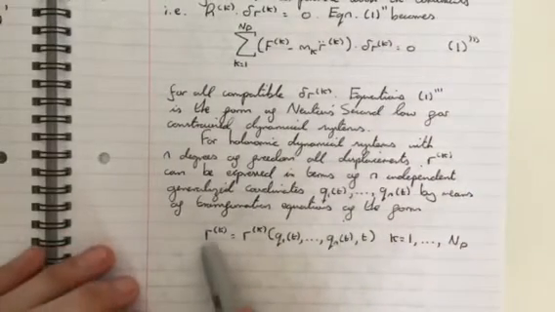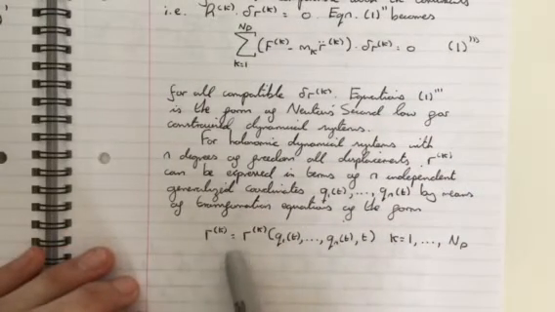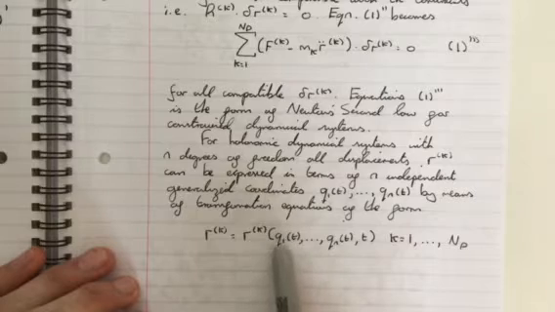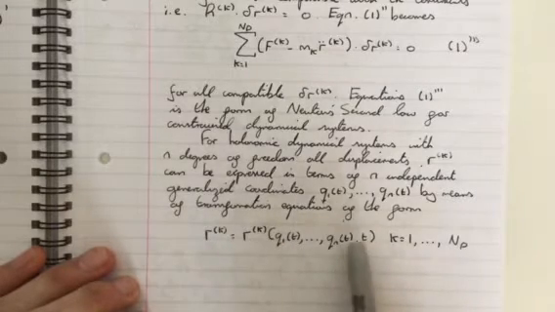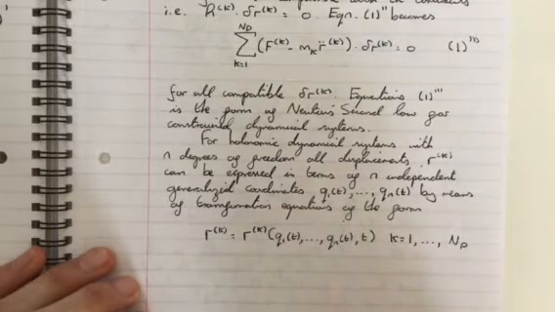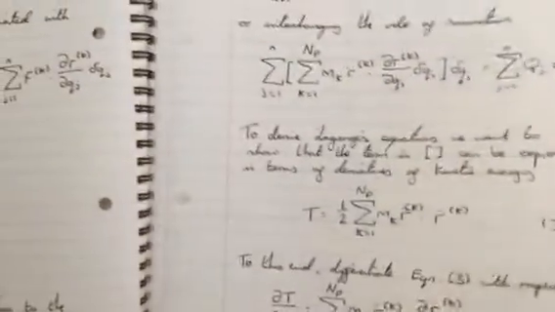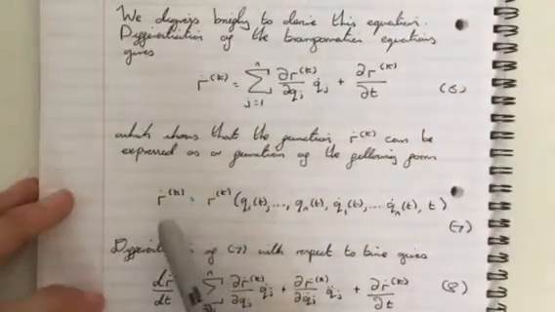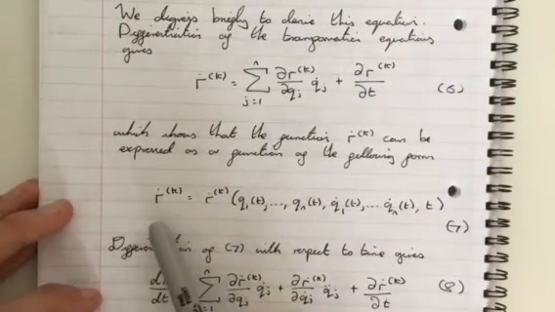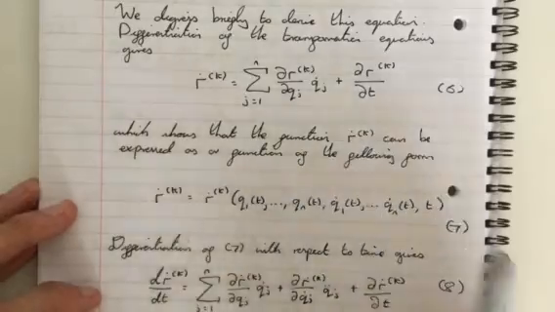Our position r is equal to r of q1 to qn and t, so we have a component of time there. And of course we have the transformation equations of our velocity here.